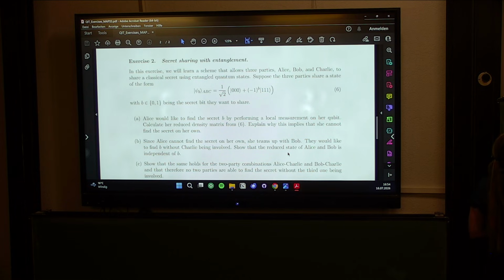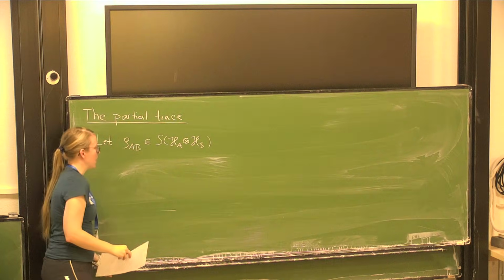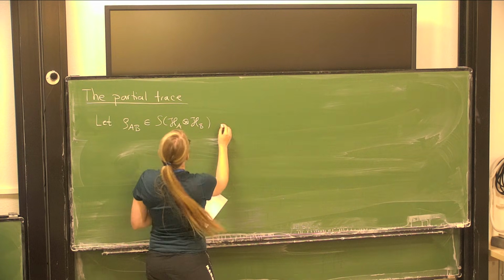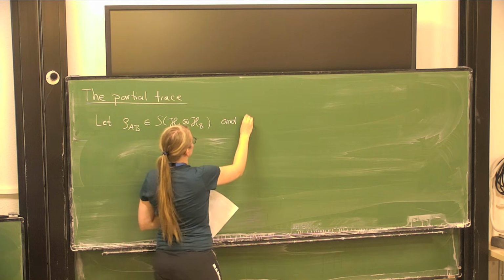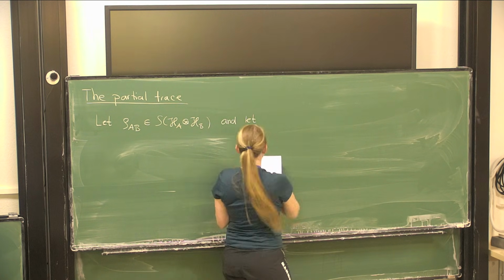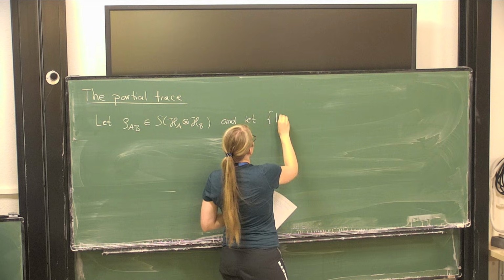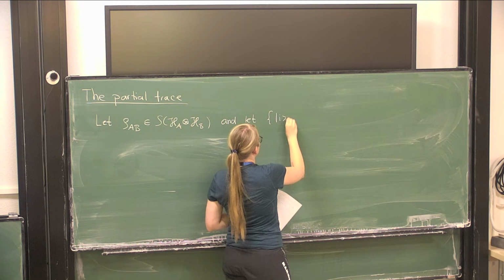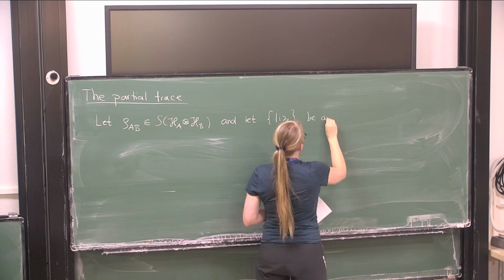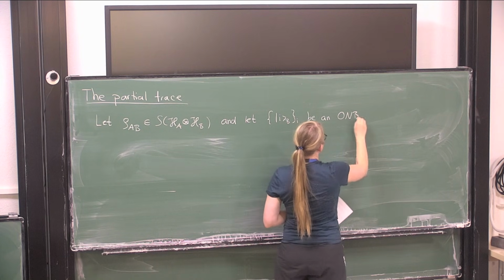Let's say we have a bipartite state, rho AB, a density matrix in the space of density matrices over the Hilbert space for Alice and Bob. And we have a basis for the space B, with vectors |i⟩_B. So it's an orthonormal basis.